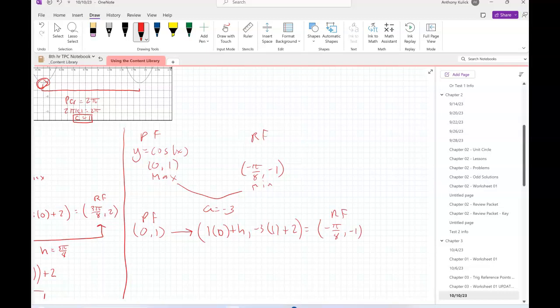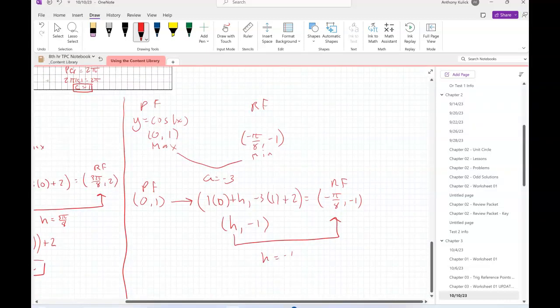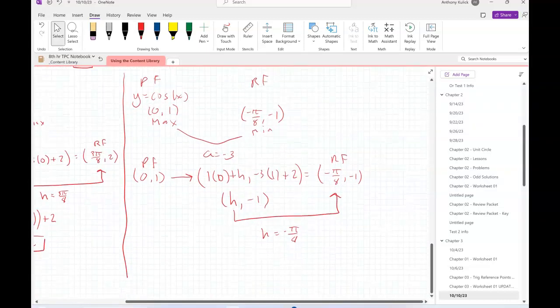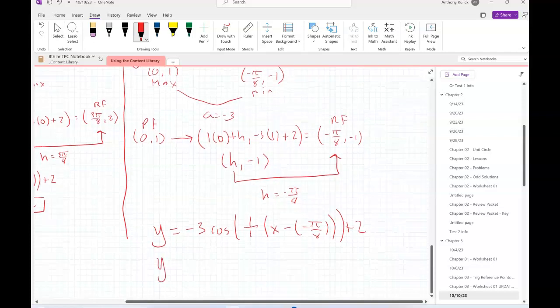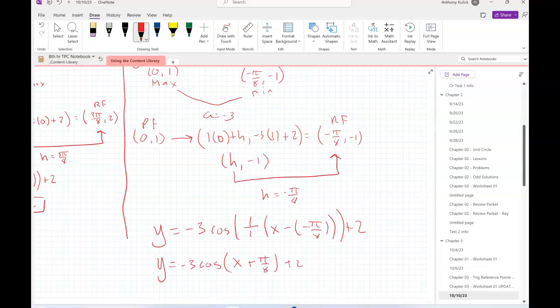Well, 1 times 0 plus h is just h. Negative 3 times 1 plus 2 is negative 1. So h has to be negative pi over 8. And then we plug it in. So a times cosine 1 over c, x minus h, plus k. Or if we simplify this, negative 3 cosine of x plus pi over 8, plus 2.